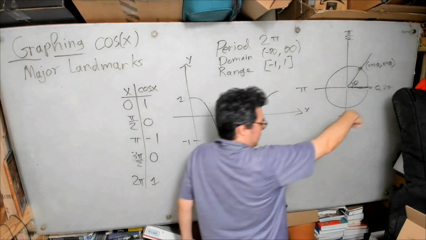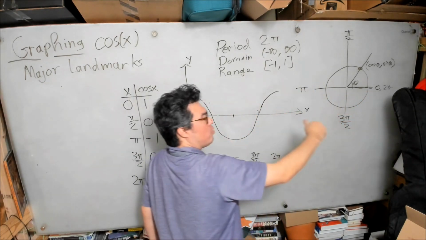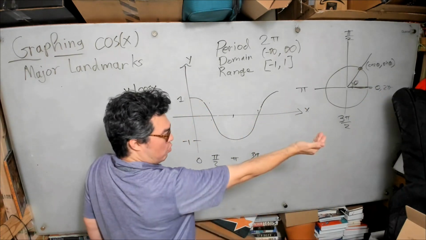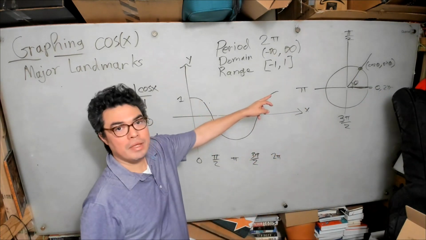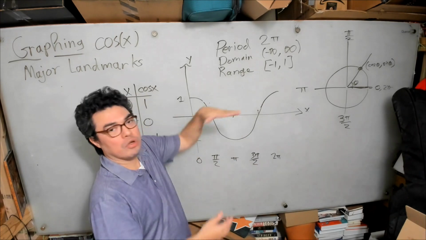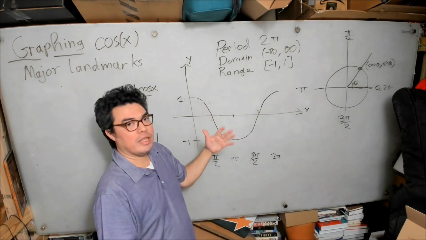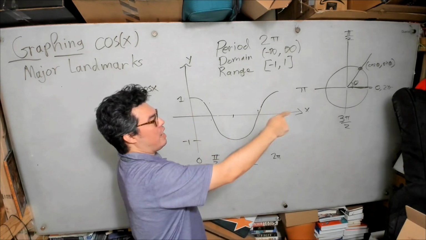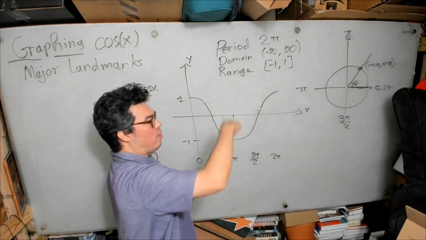And once I go back to 0, or when I started from 0, I'm as far to the right as I'm going to be, because that's how far the cosine will go, namely positive 1. That's why the range goes from negative 1 to 1, because it cannot go beyond that. And of course, I can continue duplicating this period as I wrap around the unit circle.